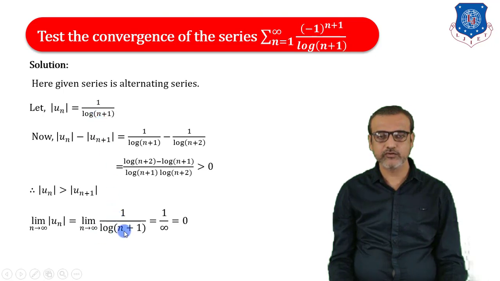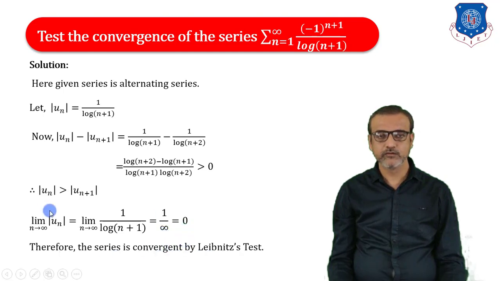Now as n tends to infinity, logarithm of infinity plus 1 tends to logarithm of infinity, and the value of logarithm of infinity is infinity. So this is equal to 1 upon infinity, and 1 upon infinity is 0. Therefore both the conditions are satisfied. Therefore the series is convergent by the Leibniz test.